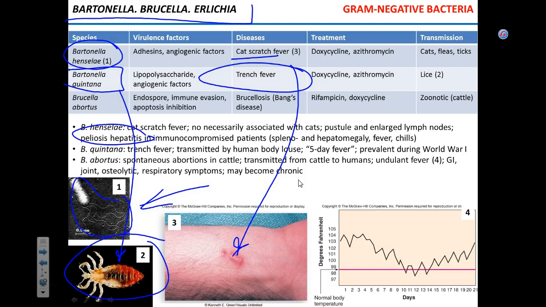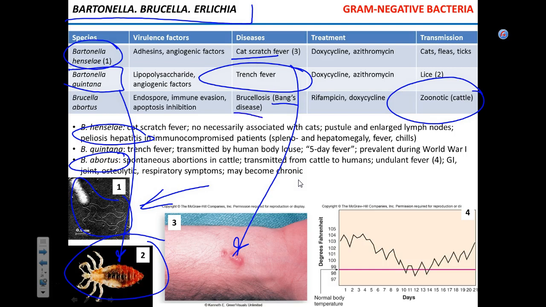Now the third one that I wanted to mention is Brucella abortus. So it's a zoonotic disease. It's acquired via close contact with cattle. It can be acquired by milk, by an indirect route, and it causes what's called brucellosis, or undulant fever, or Bang's fever, or Maltese fever.